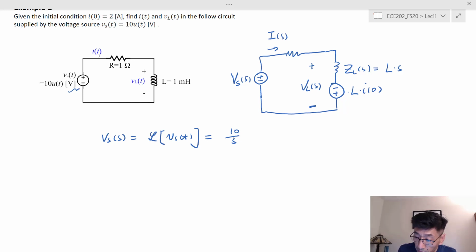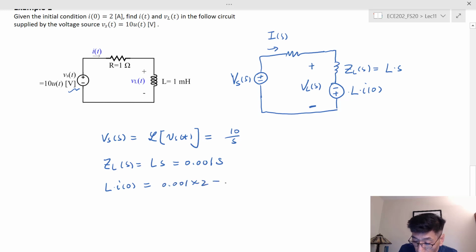Z sub Ls is Ls, which is 0.001 s, and L times I0 is 0.001 times 2, that's 0.002.